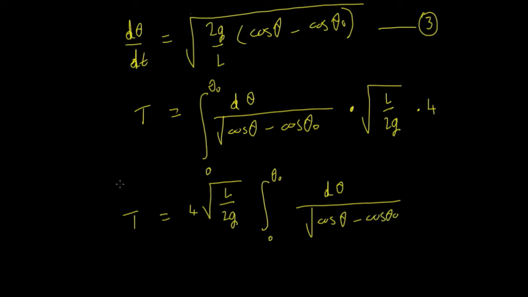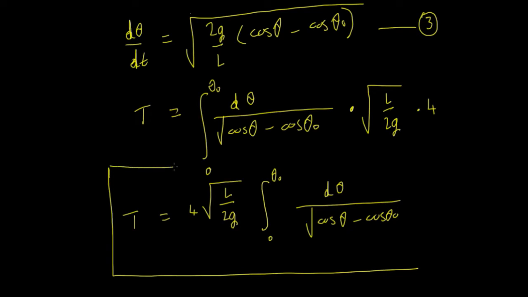I'll just put a bracket around that, and I can call that equation number 4. That's given us the period of a pendulum whenever we release it from any arbitrary height.